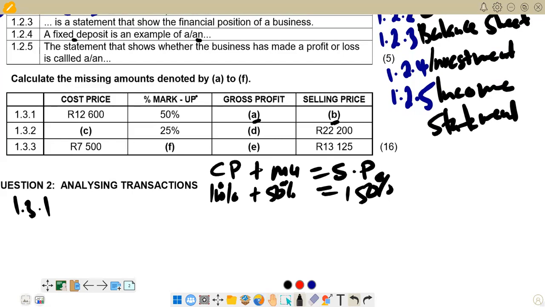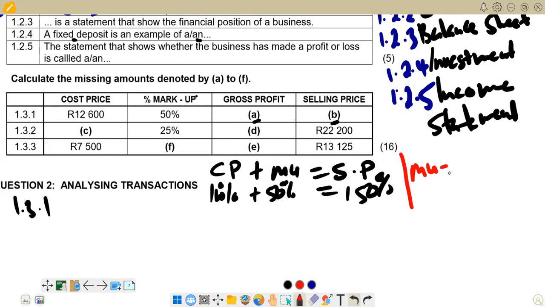Then if you go to A now, A is asking us to find the figure for gross profit. We can also use the formula for markup. We also need to know the formula for finding markup.